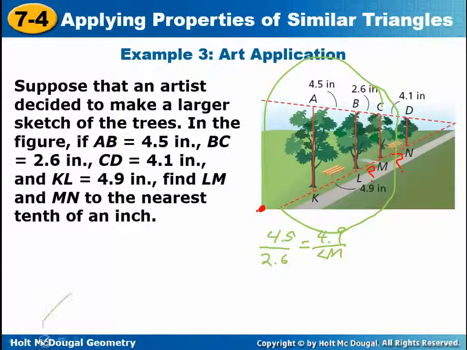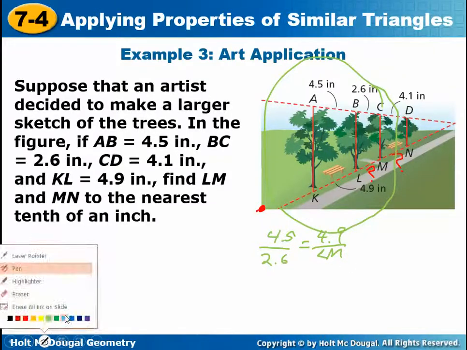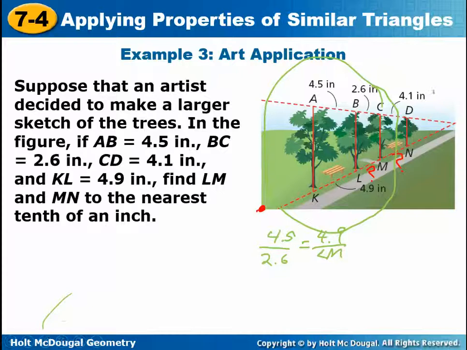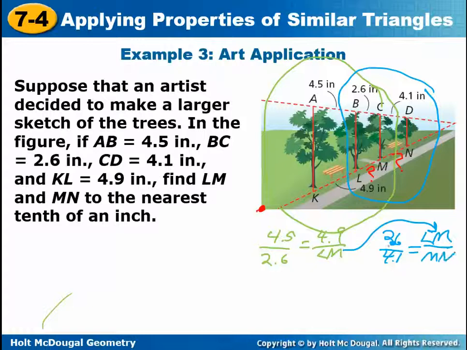Once we know LM, then we could look at this part from here to here. And we could say 2.6 over 4.1 will be equal to what we got for LM, and we'll plug it in there, over MN. So we'd have to find LM first, then we could plug it in and find MN.